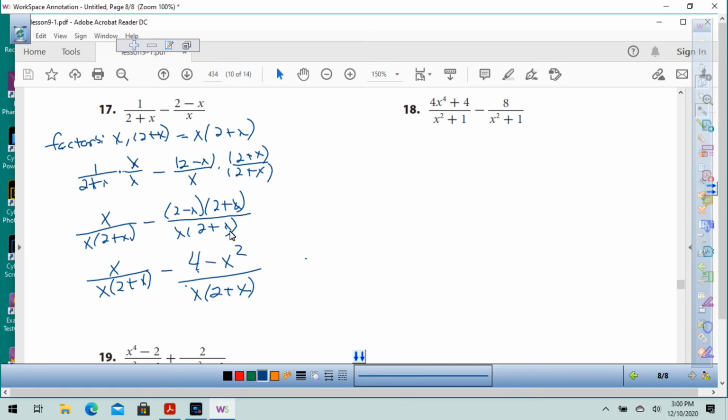Now, again, I don't really like the way that's written. I'm going to change that to negative x squared plus 4.